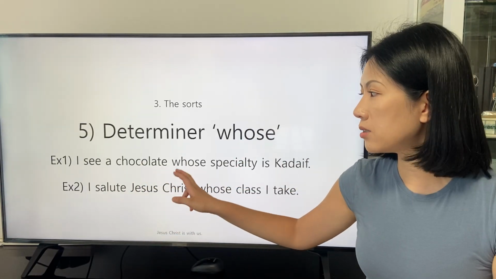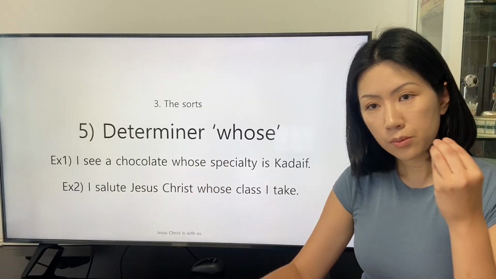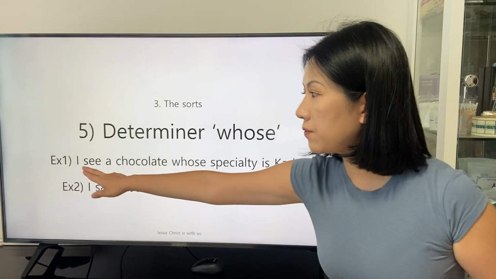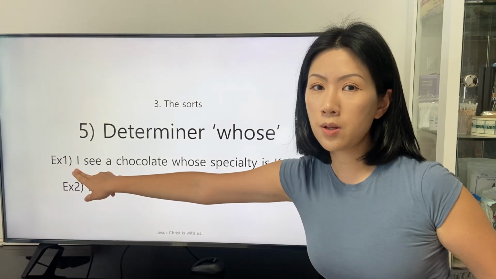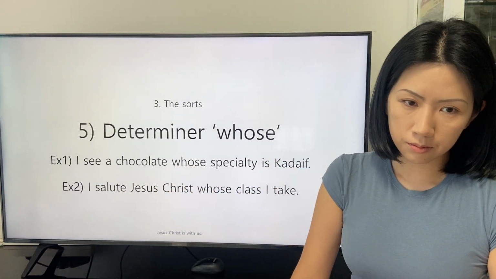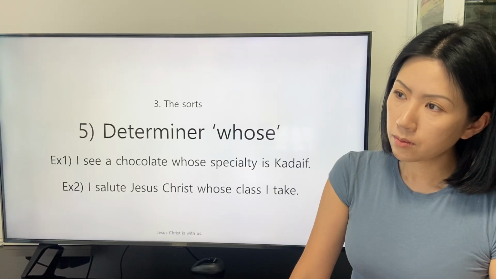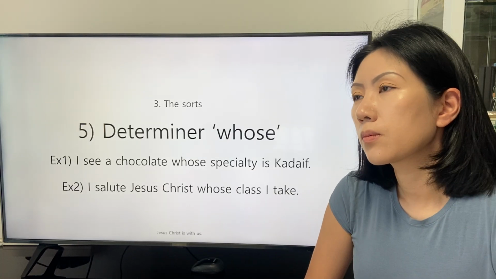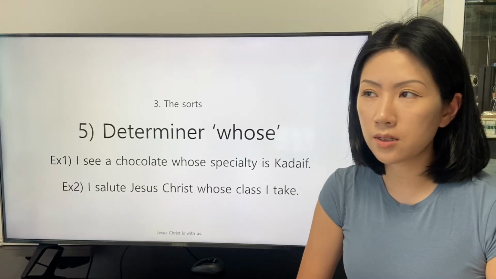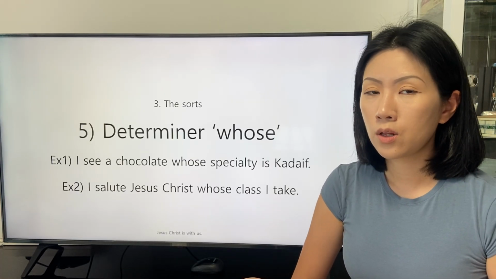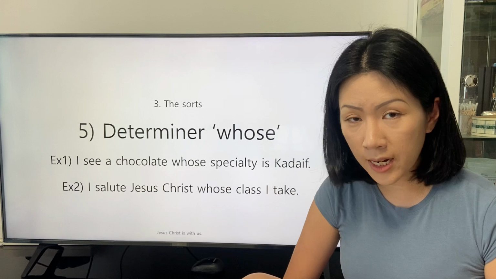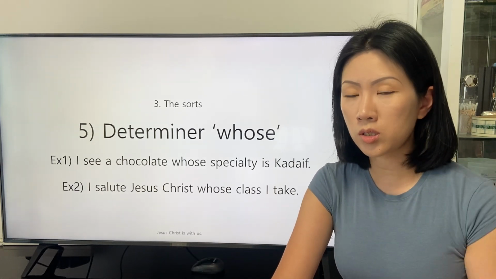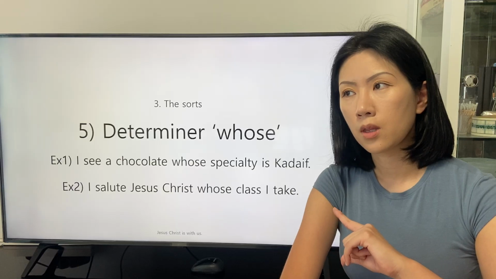It's okay because the chocolate is the object of the speaker, who is a person. We've studied the fact that an object that is not a person only belongs to a subject who is a person.